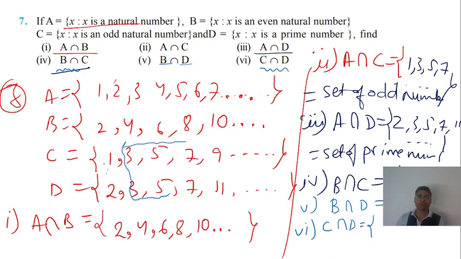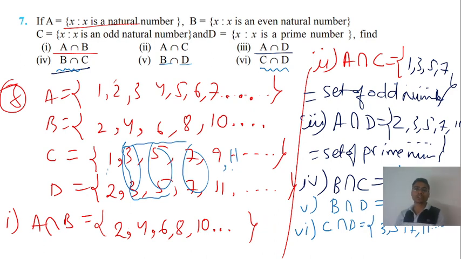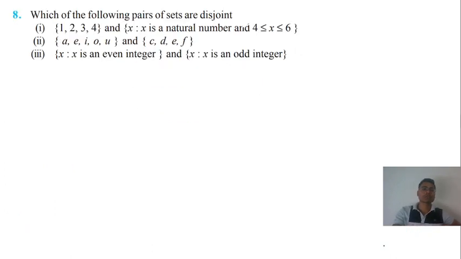This is not common actually. So we will write 3, 5, 7, 11, 11 is also an odd number. So we can say that C intersection D is actually the set of all prime numbers except 2. Okay, so that's how we completed our question number 7.